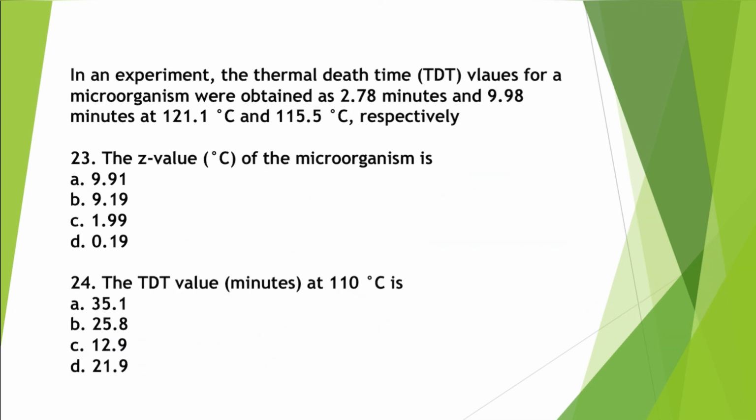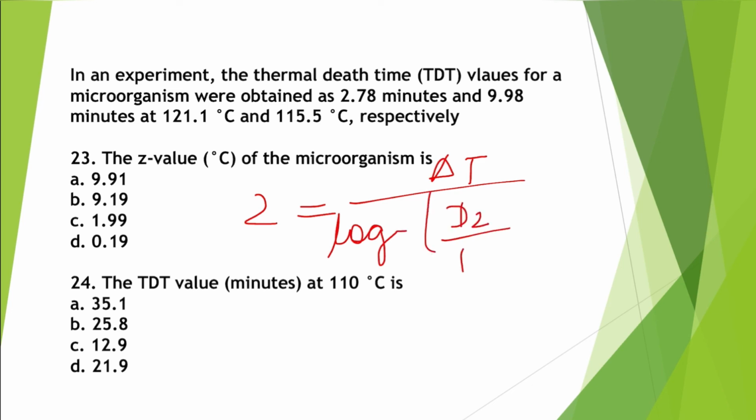Next question. In an experiment, the thermal death time values for a microorganism were obtained as 2.78 minutes and 9.98 minutes at 110 degrees Celsius and 115.5 degrees Celsius respectively. So the Z value of the microorganism is, there is a formula to find the Z value, that is Z equals delta T upon log D2 minus D1.